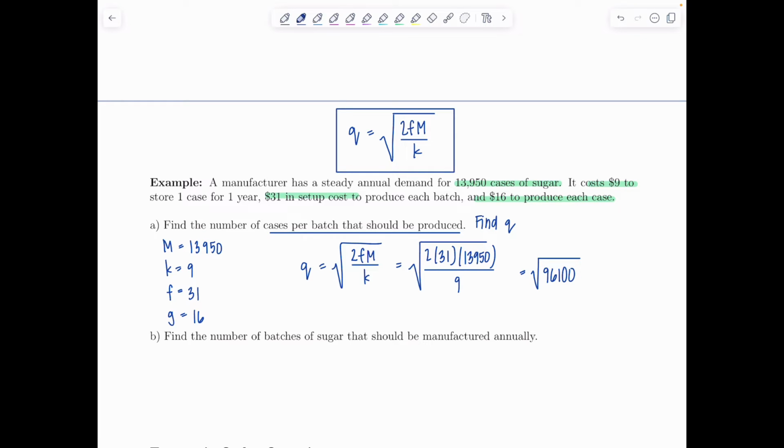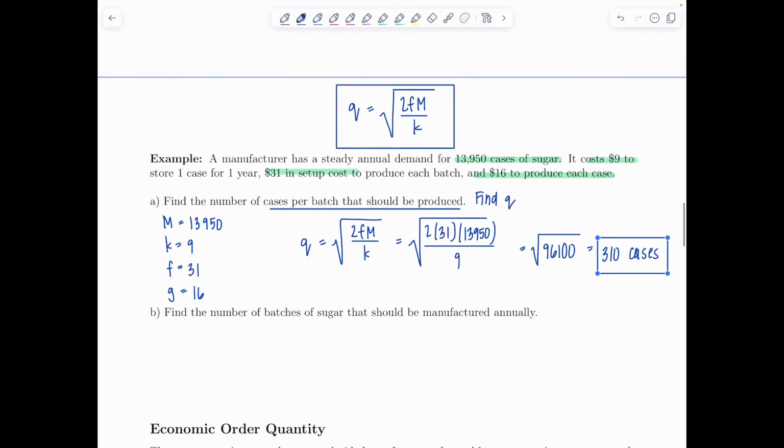Does this have a nice square root? It sure does. 310. Whoever wrote this problem loved us dearly. So 310 cases. Perfect. That's how many cases per batch.